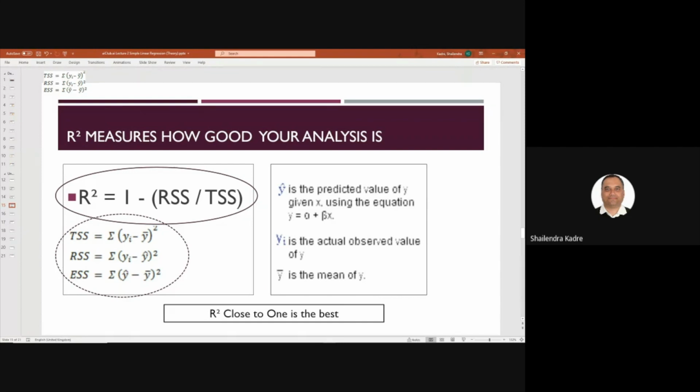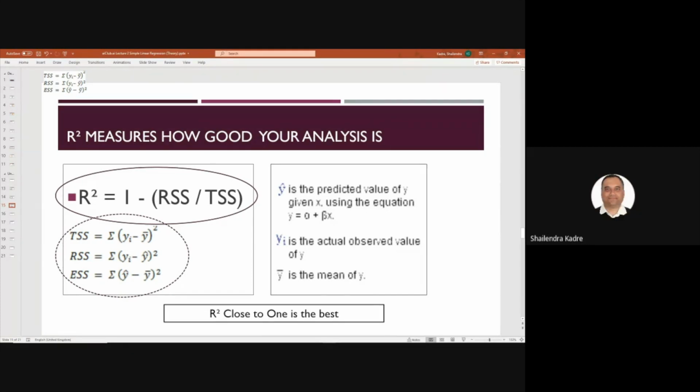Put RSS equal to 0 in this equation and tell me the value of R squared. Anybody? It is 1, right? So when the value of RSS is 0, it means the best model. RSS 0 means best model. And if I put RSS equal to 1, then what will be the value of R squared?